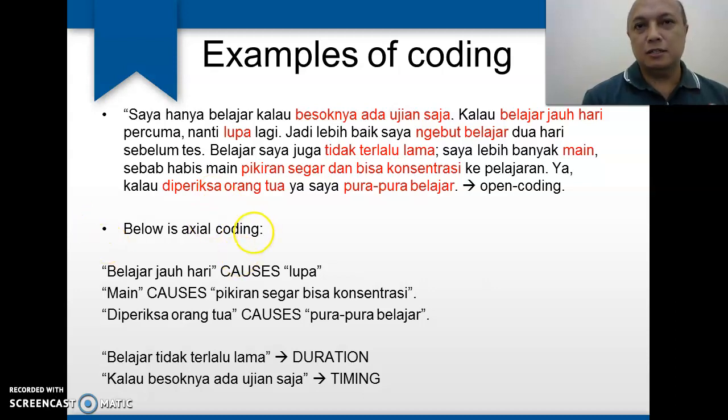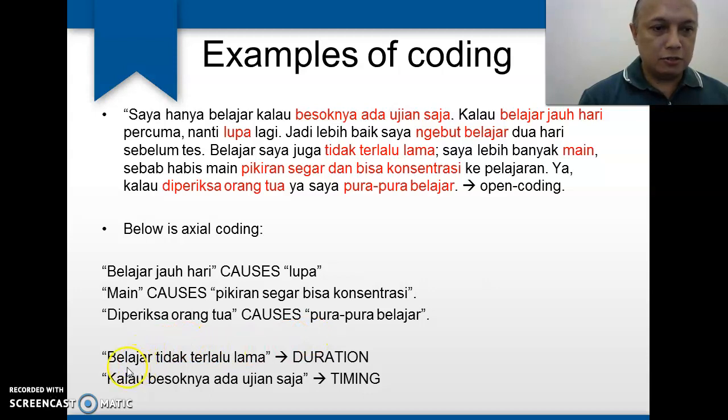There is a cause and effect relationship between the two codes. "Main," playing games, causes "pikiran segar, bisa konsentrasi." Again, you establish a causal relationship between the two codes here. And then you have "diperiksa orang tua" causes pretend to study, etc.